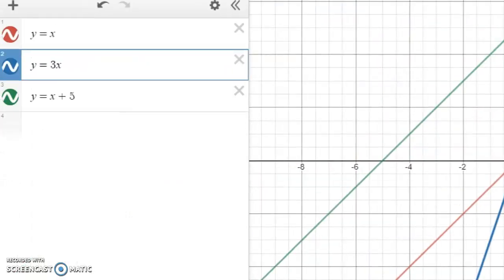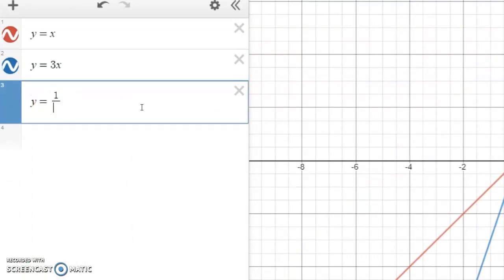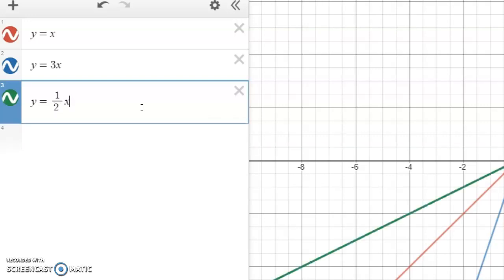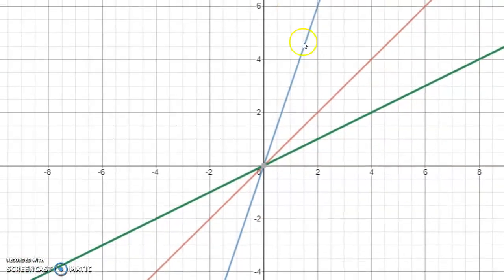So let's change the green one and make that 1/2 x. Okay, 1/2 x. And that makes this much flatter. So that would be up 1 over 2.